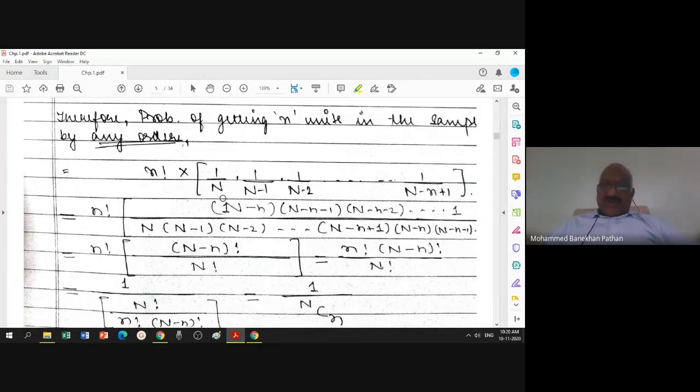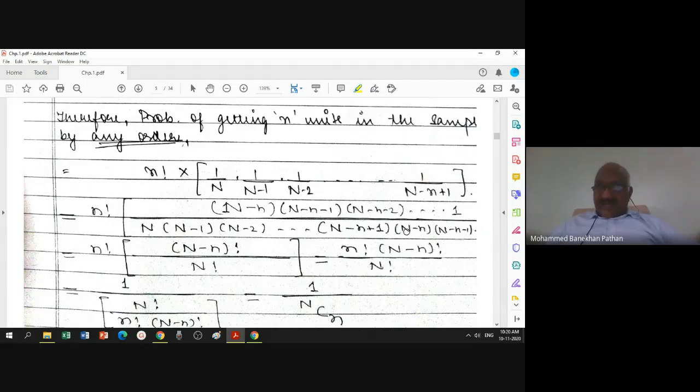In the denominator, I start with N, multiply N minus 1, N minus 2, up to N minus n plus 1. This I took extra: N minus n, then N minus n minus 1, and I continue like this.